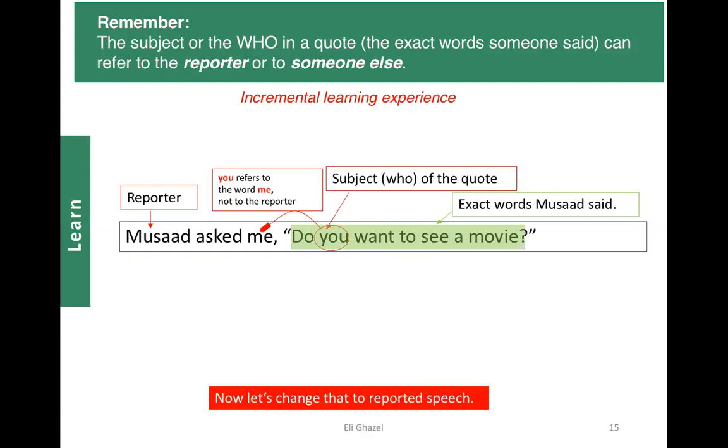Now let's change that to reported speech. Musad asked me if we can put whether, but the difference is whether the situation calls for formal or less formal. So if we see an if, we start to comprehend that the relationship is friendly.